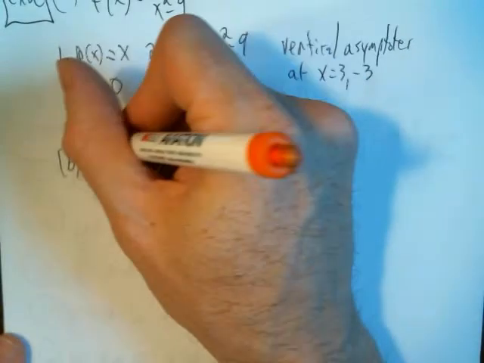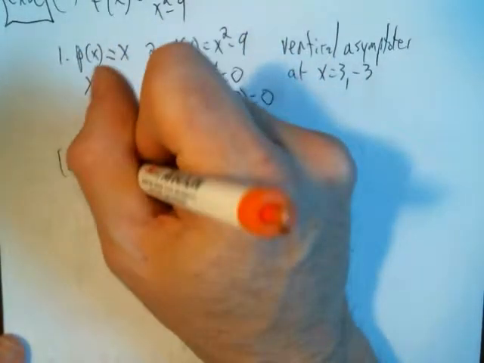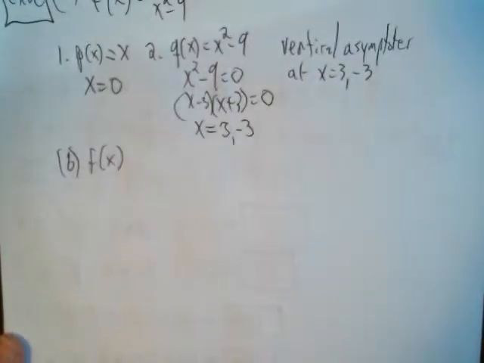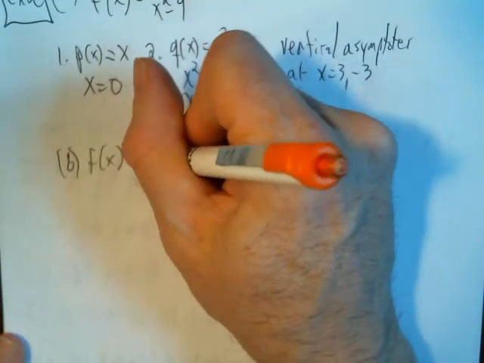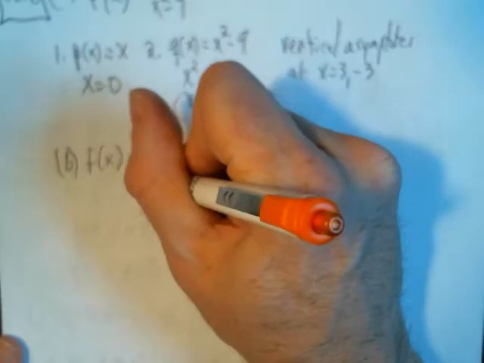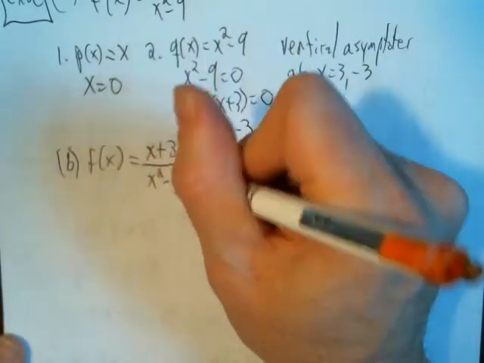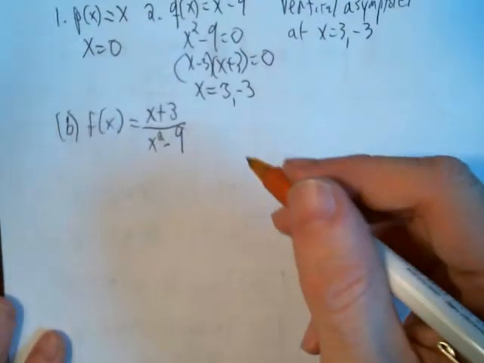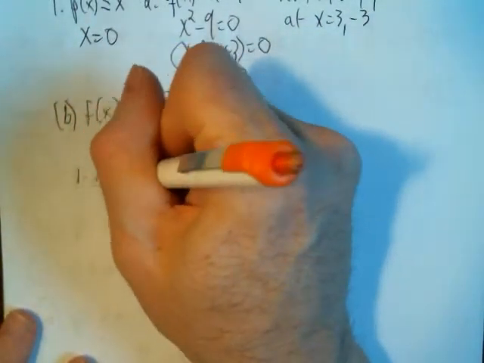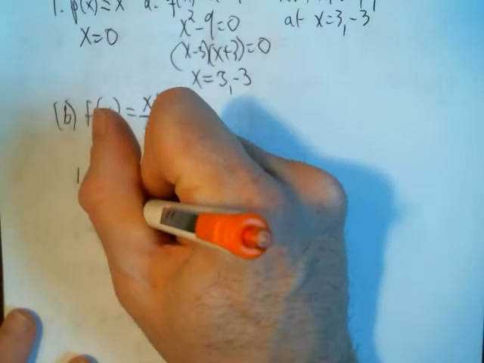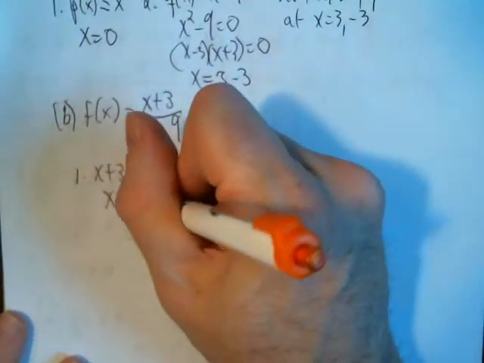Part B, we have f of x as our function, x plus 3 all over x squared minus 9. Okay. So in this case, first take the numerator and set it equal to 0, x plus 3 equals 0. So p of x will equal 0 at negative 3.